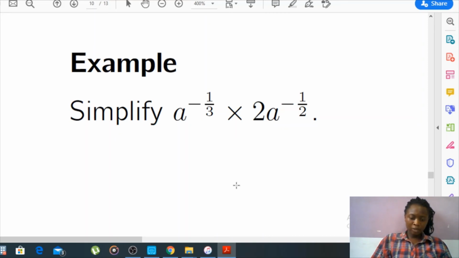That is a raised to the power minus 1 over 3 times 2a raised to the power minus 1 over 2.